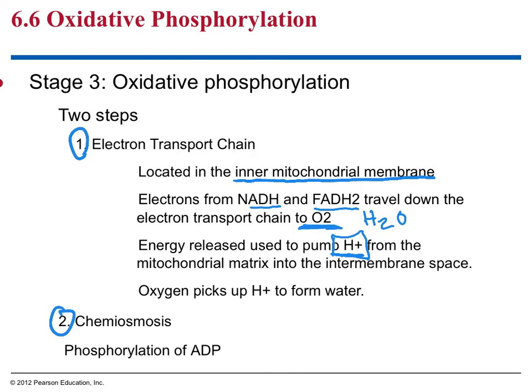And that's the process that actually phosphorylates ADP. Remember what phosphorylation is? Where you have a molecule of adenosine diphosphate and a free phosphate. So phosphorylation of ADP is where you add a phosphate to ADP to produce ATP.